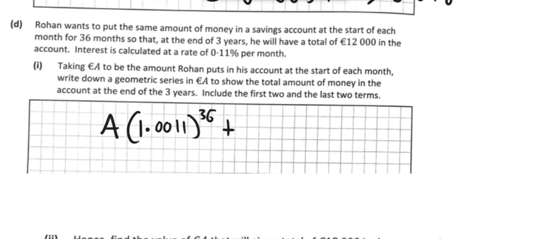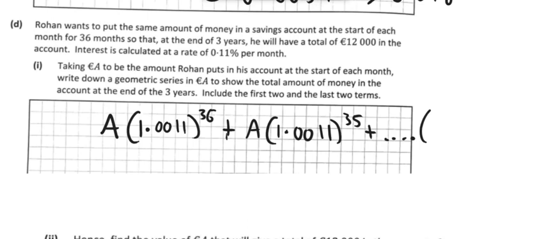But then you have to add on how much he makes from the money he puts in the second month. So that'll be A times 1.0011 to the power of 35. And then for the money he'll make from the next month, it will be 34, and then 33, and so on. So it says to include the first two and last two terms, so we need to put in the one before the last one.